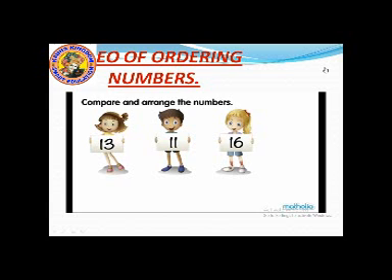Let's arrange the numbers from the smallest to the greatest. 11 is smaller than 13 and also smaller than 16. 11 is the smallest number. Let's compare the other two numbers. 13 is smaller than 16, so 13 is the next number. 16 is the greatest number. From the smallest to the greatest, the numbers are 11, 13, and 16.